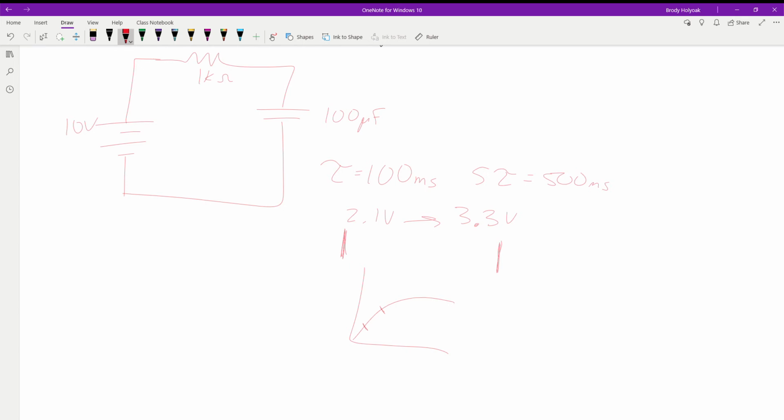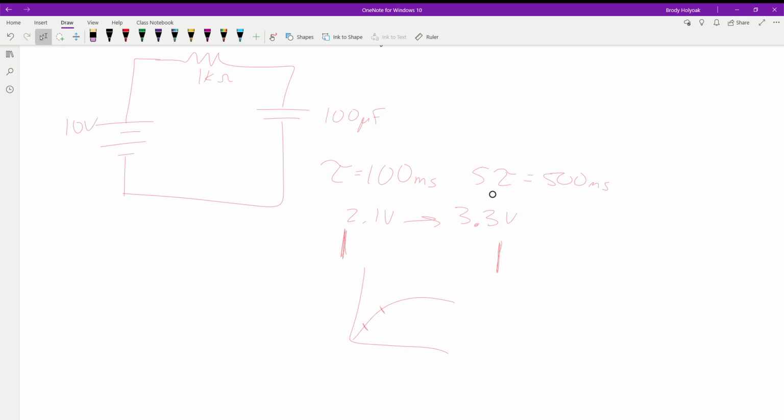That's the idea here, because we have the same circuit, so we're still charging. We're not stopping the charging at all. We just want to know, as this thing is charging up, trying to get to the 10 volts, how long does it take to go from this point to this point? We know how long it'll take to fully charge, and so we're just looking for the small little section when the voltage gets to this level and then when the voltage gets to this level. How long does that take?